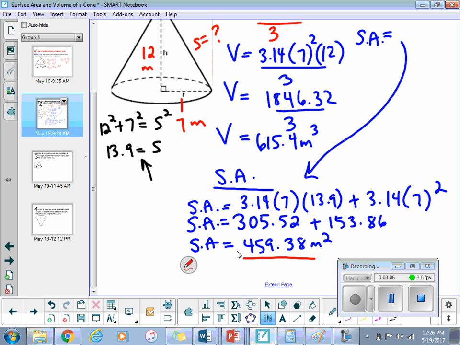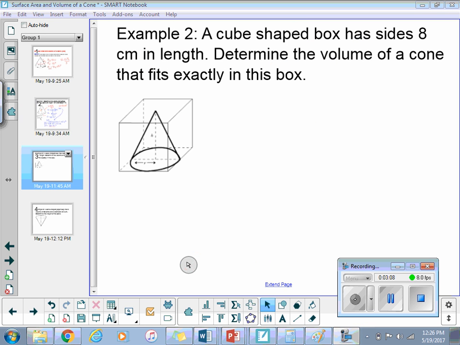In this question, you're not given any dimensions of the cone exactly, but you were told that the cube is 8 by 8. So this is 8 centimeters by 8 centimeters. And if on a test I don't provide a diagram for you, you should be able to sketch something and try to take it from there on your own.